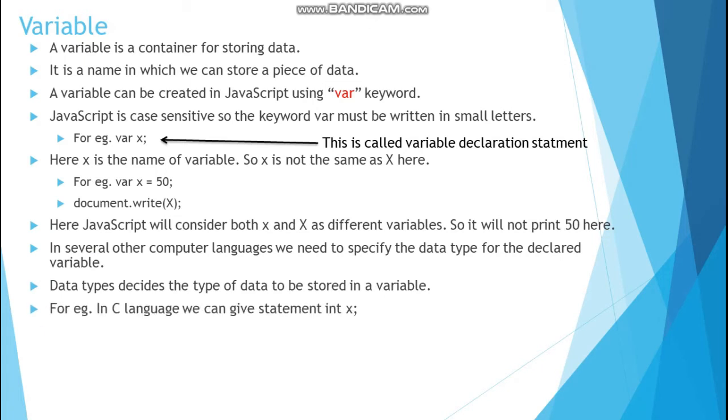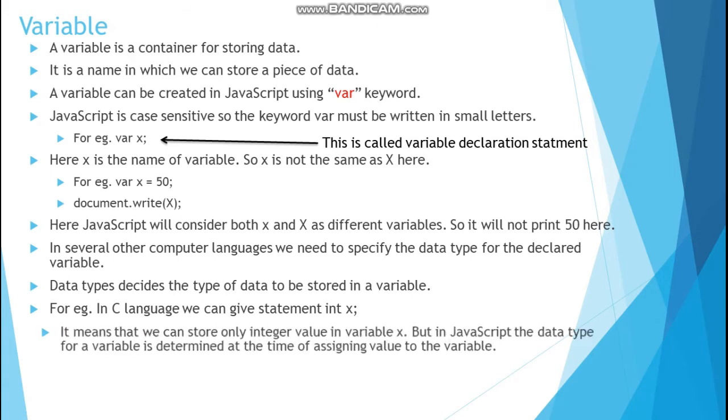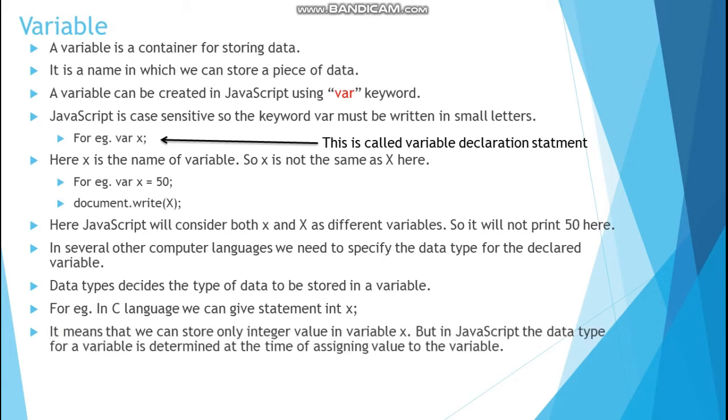For example, in C language, a very popular language, we can give the statement int x; semicolon. Here x, small x, is the name of the variable, whereas int is the keyword used to declare a variable x of integer type. So it means that we can store only an integer value in variable x.